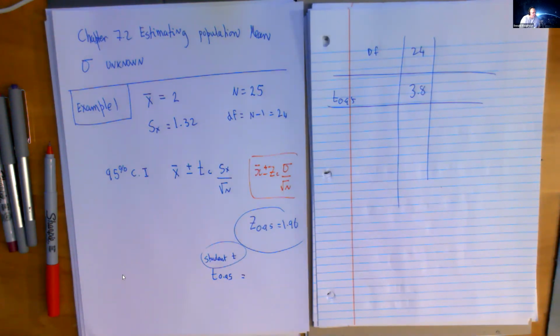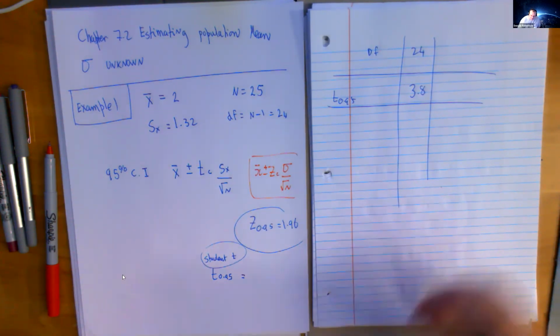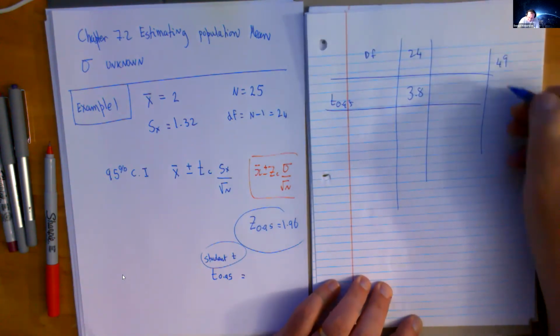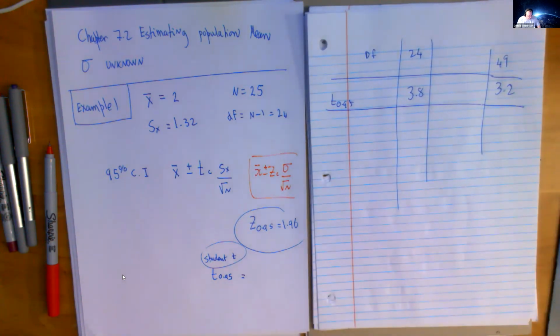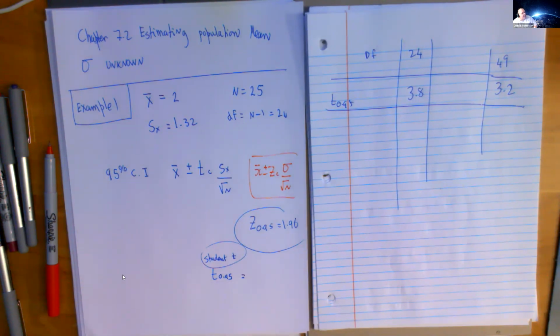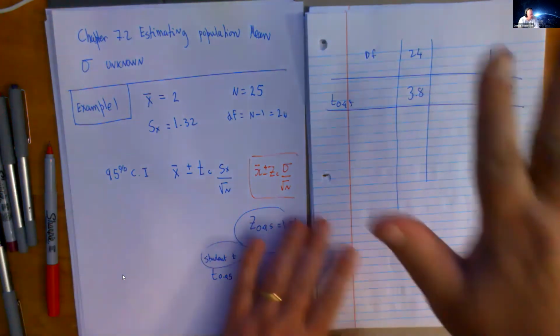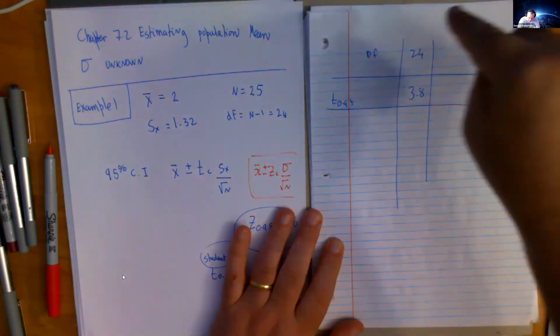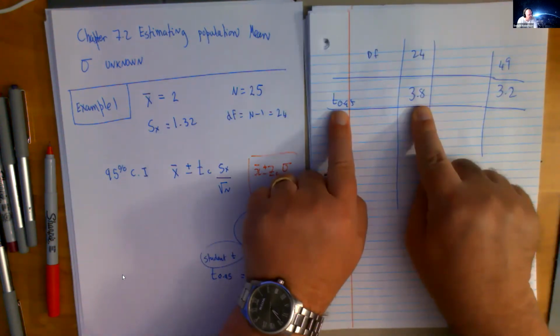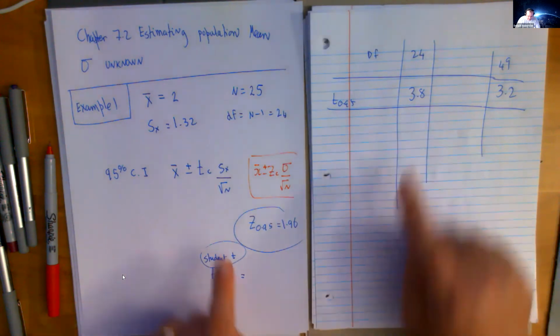But if your sample size is 50, then can you imagine further along there's a 49 guy and the magic t value is now 3.2. Do you see that for every possible data size, this fella keeps changing his value? Now, if you were going to do it by hand, which we're not, you would have to go to the back of the book where there's a big table like this, and you would have to figure out how many degrees of freedom, then you would read down till you get the magic number that corresponds to it, and that fella would go in here.